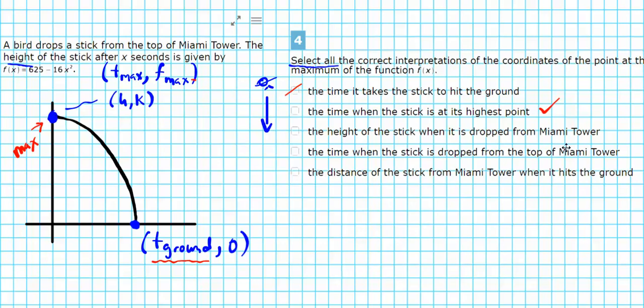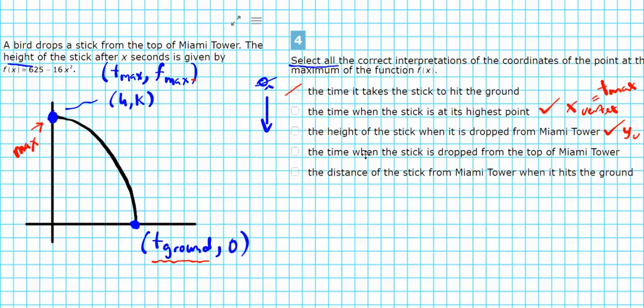So this represents the y-coordinate of the vertex. So check. Let's write down the significance. This is x vertex, and this is the y vertex. Think about this as x vertex is our T max, and the y vertex is our f max. So these two are correct interpretations of the x and the y coordinates of the vertex.